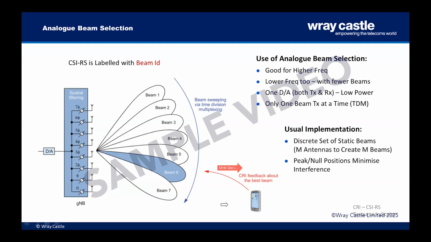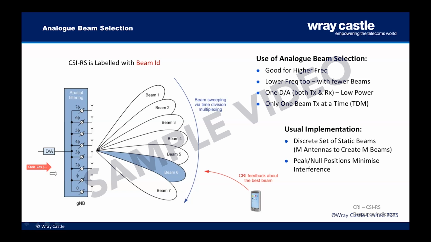One big advantage, however, is that the power consumption is reasonably low. It turns out that D to A and A to D converters can have a rather high power consumption, and that is a particular problem at high data rates where the digitization rate is rather high, and that tends to happen at high radio frequencies.